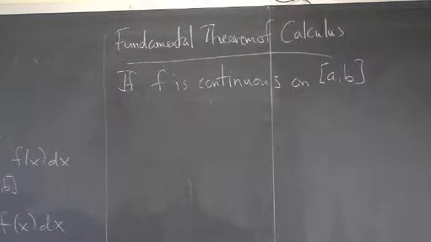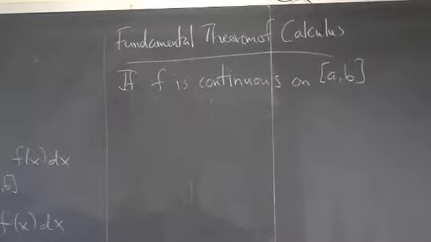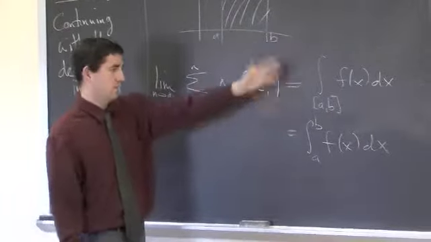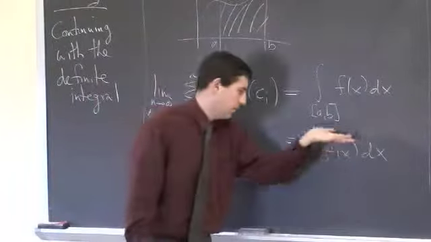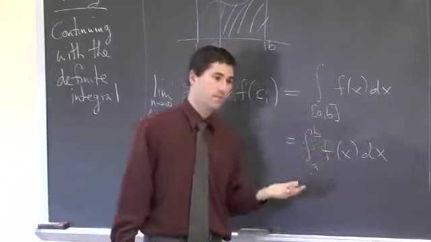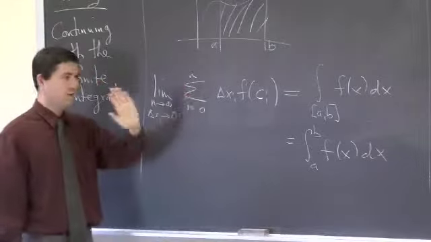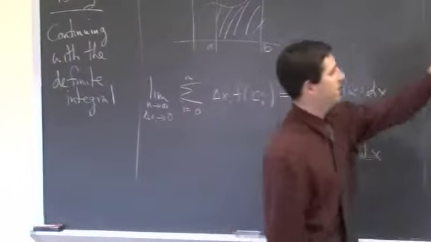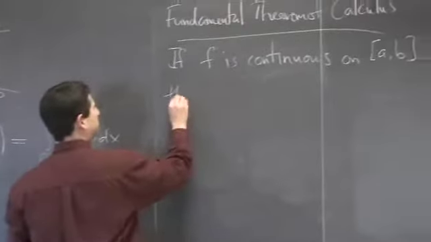If the function is continuous, what do we know? Something about this limit. If the function is continuous, then the limit exists. Of course, limits don't have to exist. If this limit doesn't exist, then we don't have this. We don't know what we're doing. We say the function is not integrable. But if the function is continuous, then the function is integrable. This limit exists.